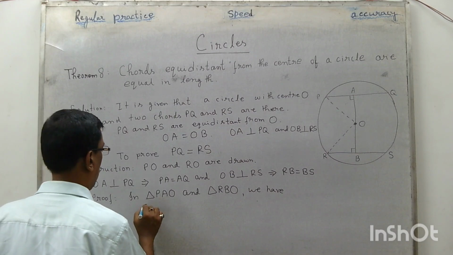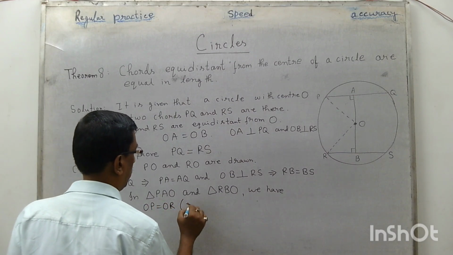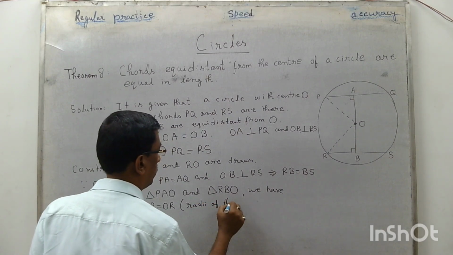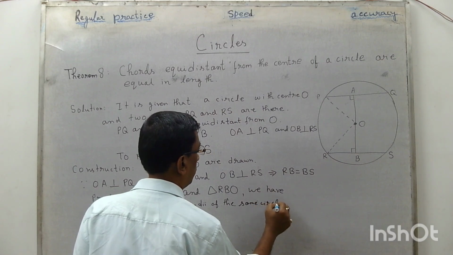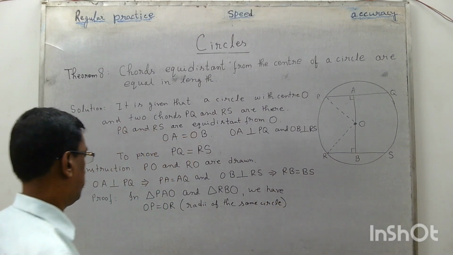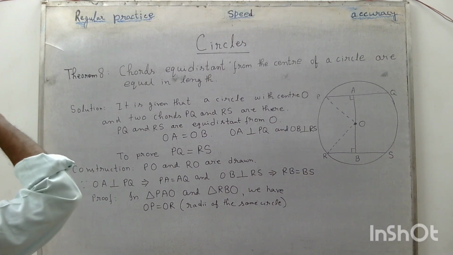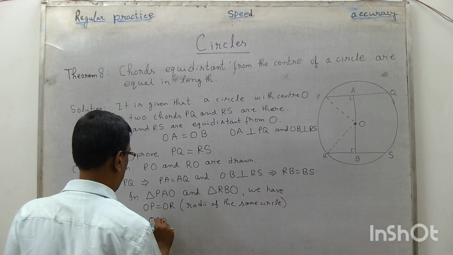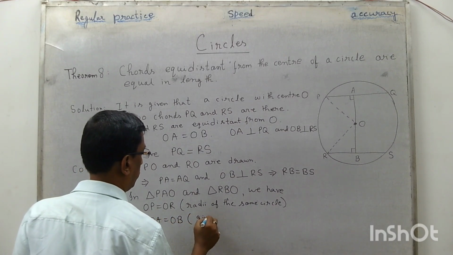OP equals to OR, radii of the same circle. OA equals to OB, given.